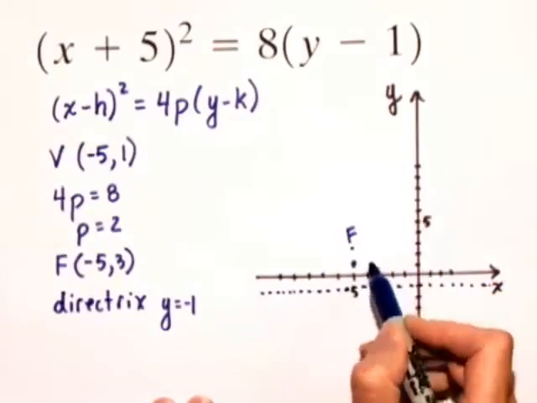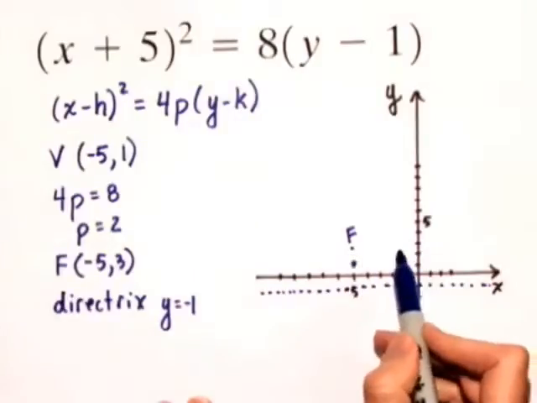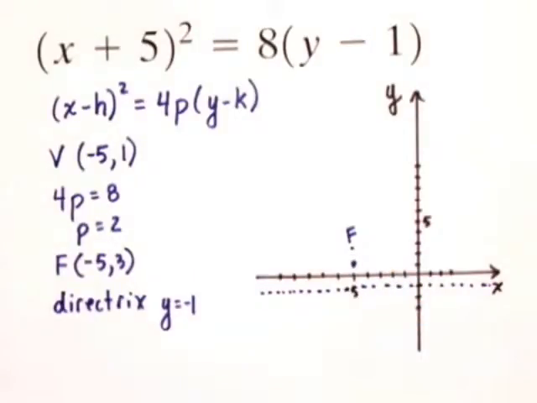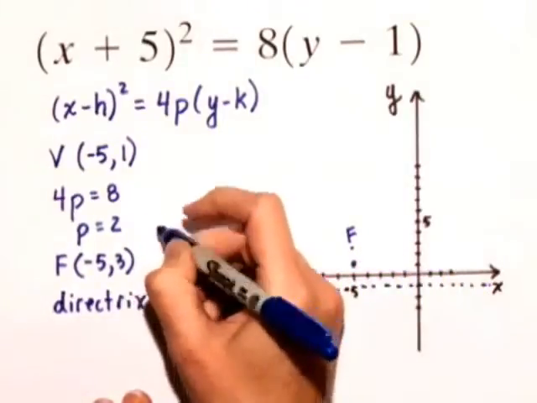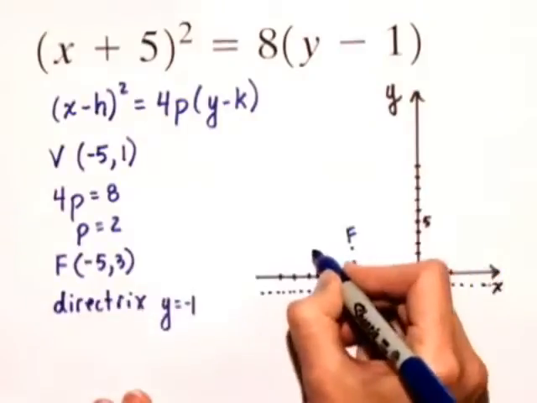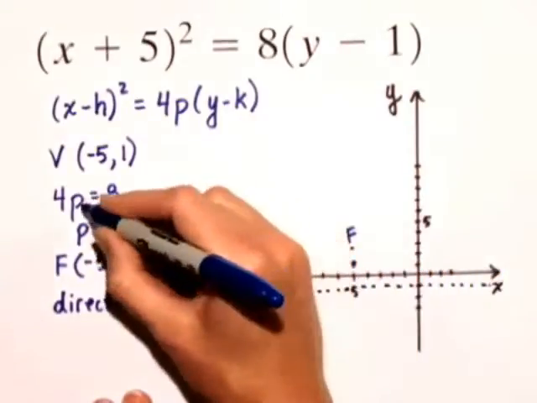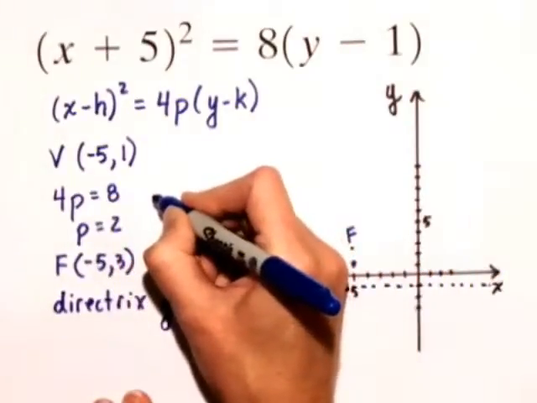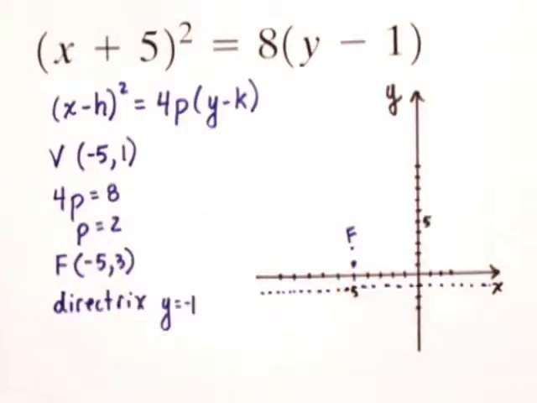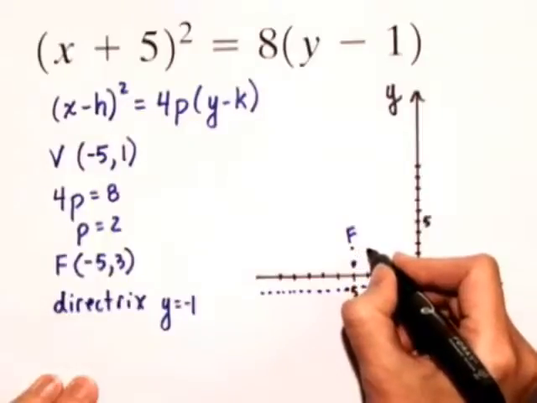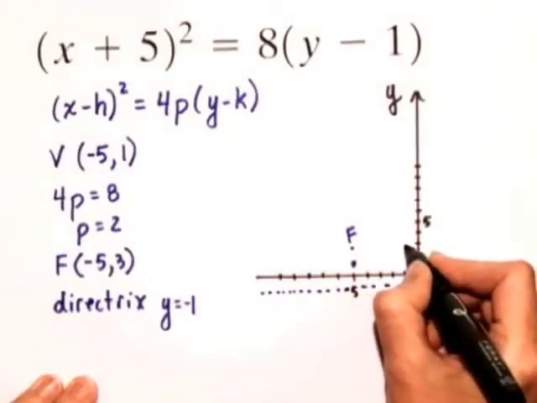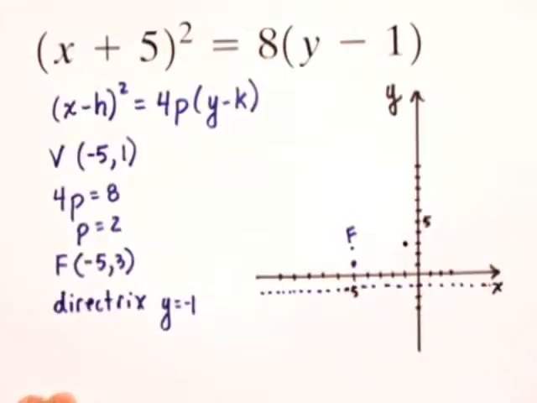Now, how wide does it open? We need to find a couple of points in order to help us graph. Here's a trick that we can do in order to help us graph this. Since p is equal to 2, we know that this total opening at the focus is going to be 4p units. Since 4p is equal to 8, we can go half of 8, or 4 units to the right of the focus, 1, 2, 3, 4, and we get 1 point on our parabola.